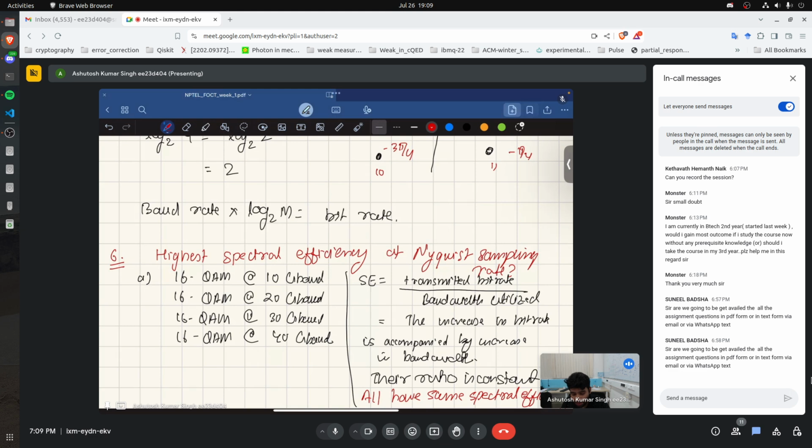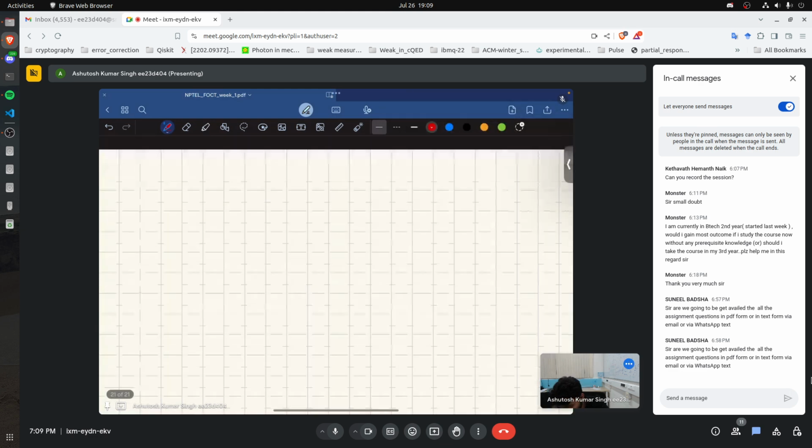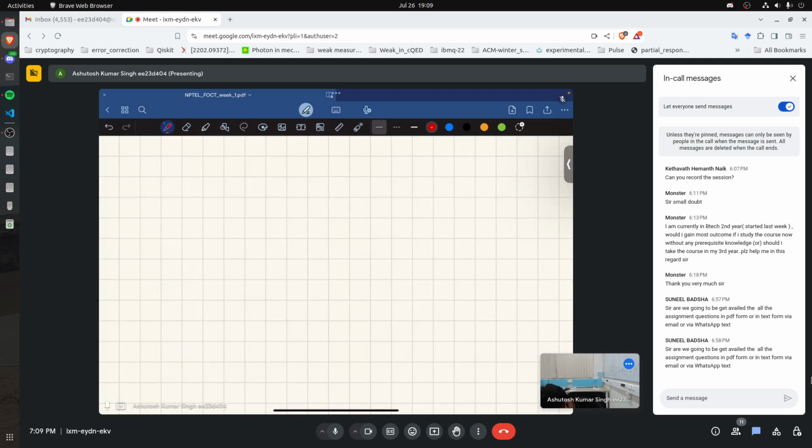This can easily be shown with the example that Professor Deepa had shown in the lecture, where you have a signal. Let us consider 16 QAM at 10 gigabaud.